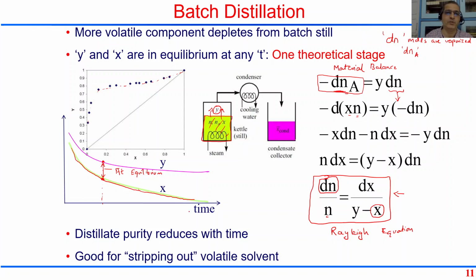And what you have done is you have done an actual experiment, which is our differential distillation experiment. You carry out this over a period of time, and you can relate what remains in the liquid and what is appearing in the distillate. So from the differential form of this Rayleigh equation, now we are going to go to an integral form.